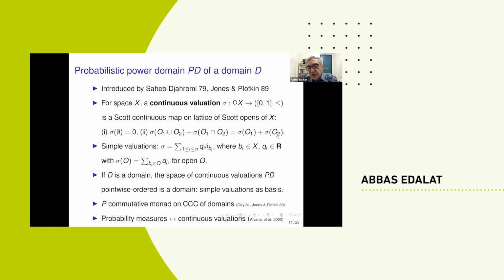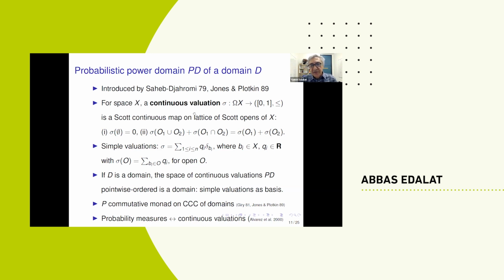So any probability distribution satisfies this. And if this is a Scott continuous function, it gives rise to what Claire Jones called a continuous valuation in this LICS paper by Jones and Plotkin in '89.